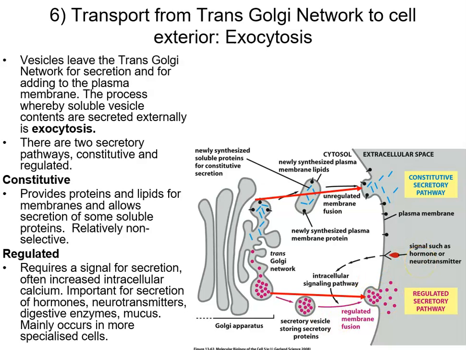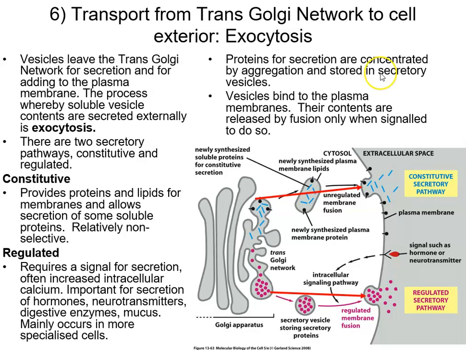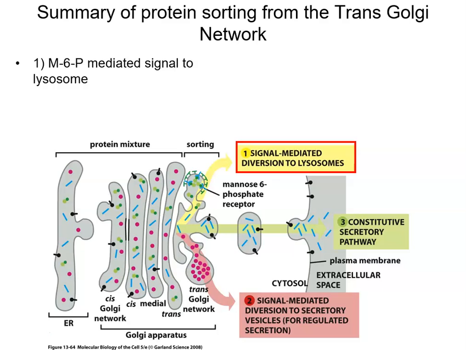So we just call that the regulated pathway rather than the constitutive pathway. So in this regulated pathway, proteins for secretion are really concentrated and stored in secretory vesicles just below the plasma membrane, and then the vesicles bind to the plasma membrane when they're told to do so by some sort of signalling.